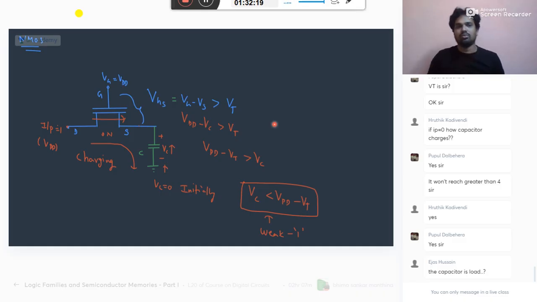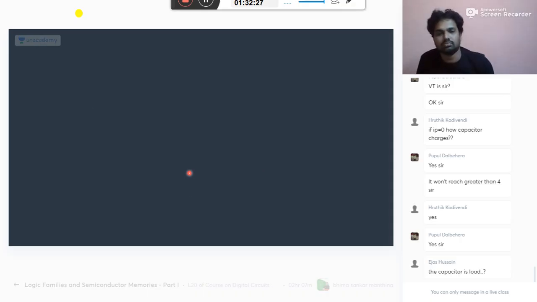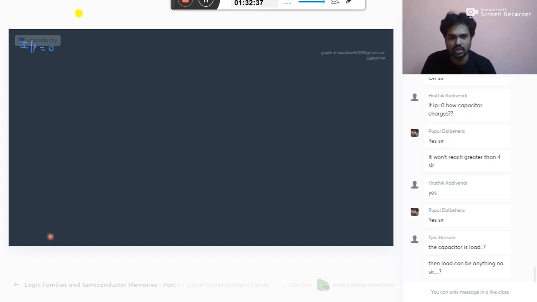Okay, now let's do what happens if it is 0. If your input is 0, what happens? Yeah, load can be anything. We treat it as a load capacitance for the time required for charging.